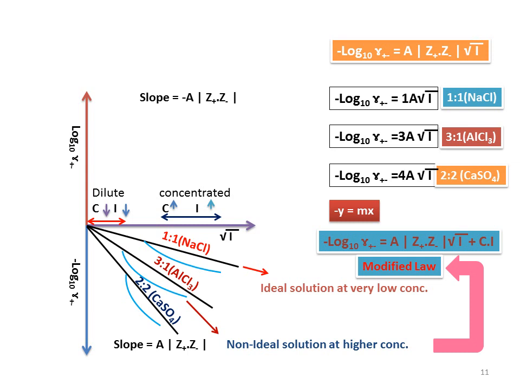And next we have minus y is equal to mx. Basically it is a straight line equation. The solutions which follow this equation are ideal solutions. Ideal solutions are at very low concentration or very dilute, meaning at the zero point on the x-axis, these solutions are ideal because they have very low concentration.